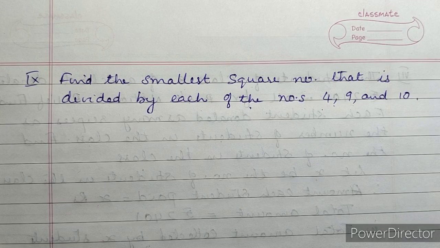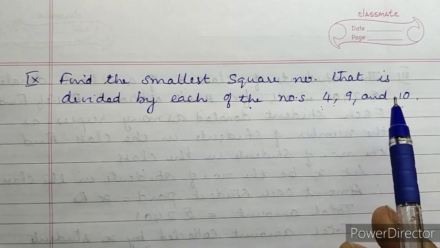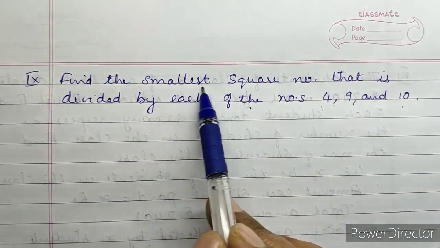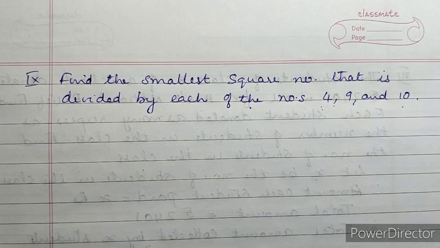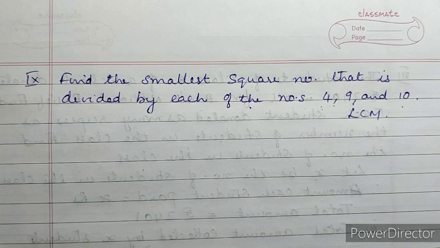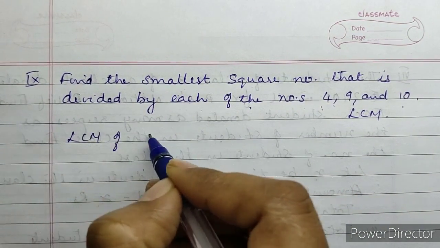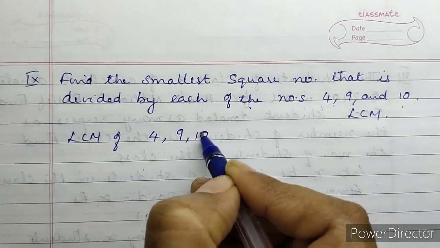That number would be a common multiple of 4, 9 and 10. Common multiple means the smallest common multiple you have to select, because the smallest square number you have to find. Smallest common multiple is what you have learned earlier in lower classes, the least common multiple, LCM. So here you have to find the LCM of 4, 9 and 10.